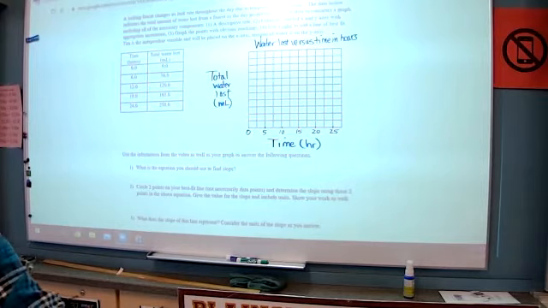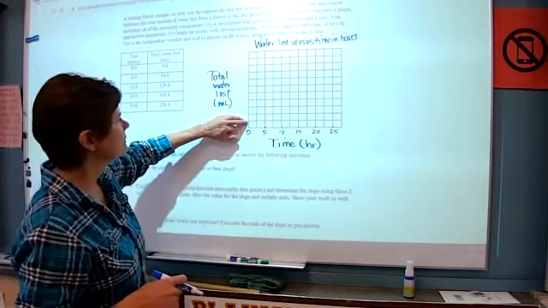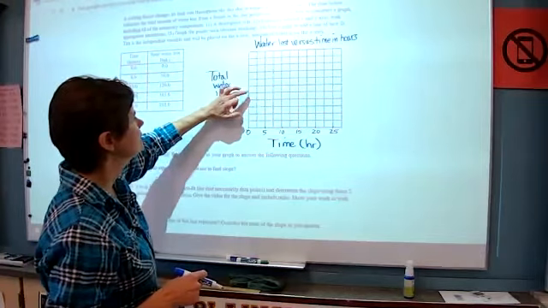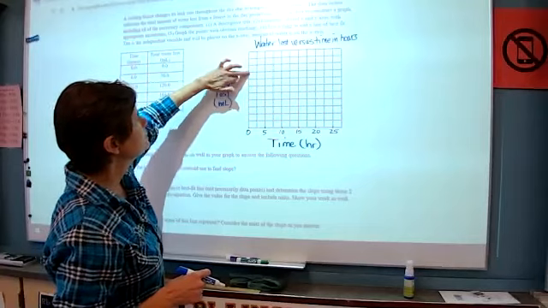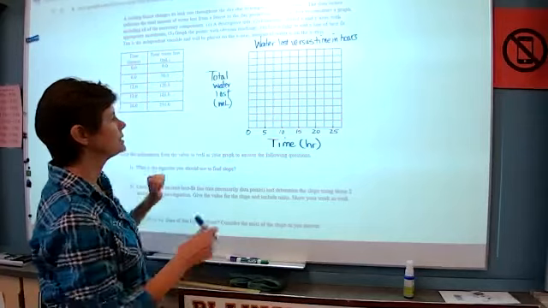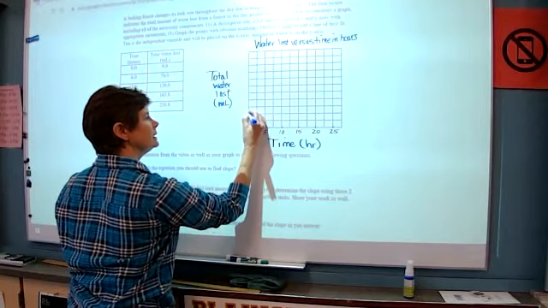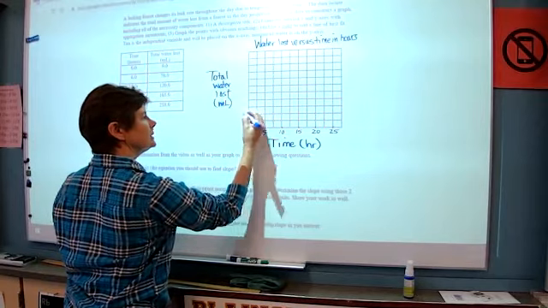For our y-axis, we want to look at the increments that we have. We need to go above 258. So we're going to check and see. I think if we go by 25, so 25, 50, 75, 100, 125, 150, 175, 200, 225, 250, that will just get us there. So these are going to be increments of 25.